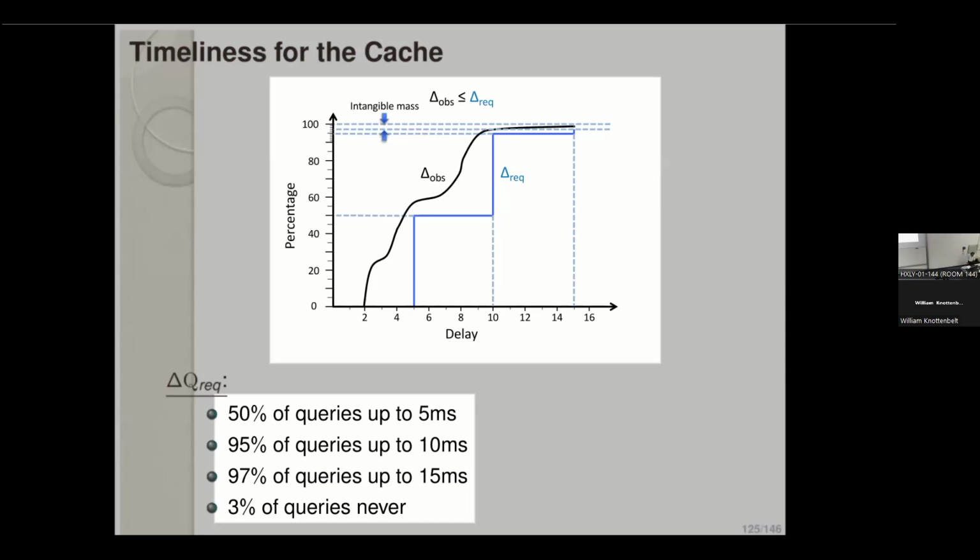Plotting that would give us something like this blue one that you see. If our observed one is this, then we're good. We've quantized it. That's the important thing.